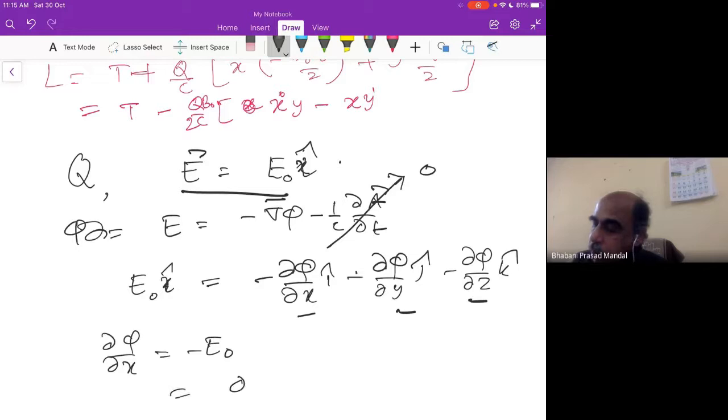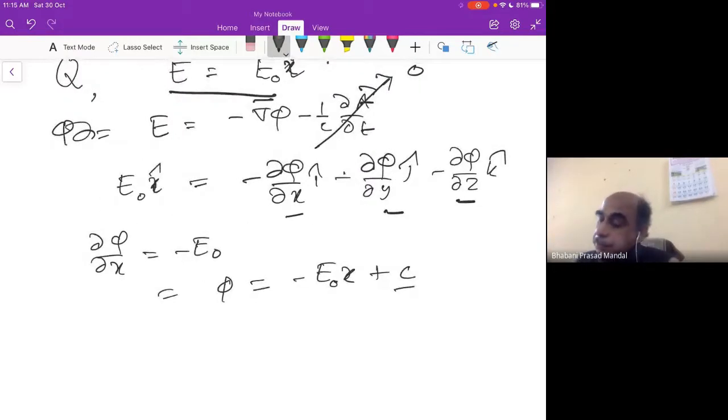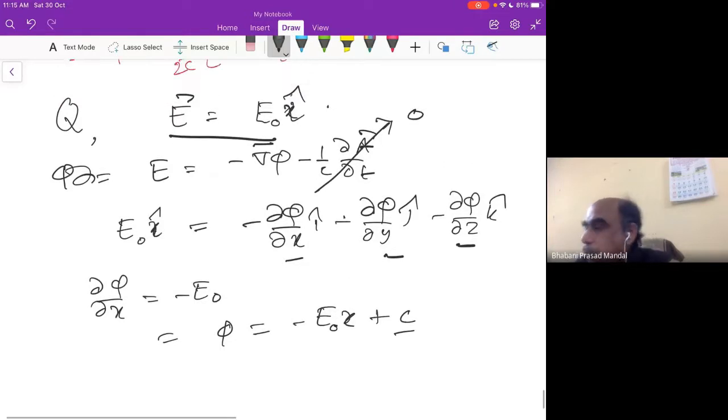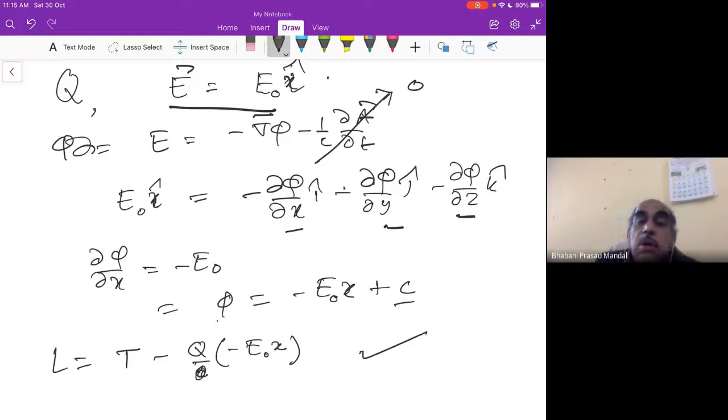So you can write phi is minus E0 x plus c, but that c will not matter in your Lagrangian. So your Lagrangian will be L equal to T minus q phi, so it will be T plus q E0 x, and q times c will be a constant. So this will be your Lagrangian for only an electric field.